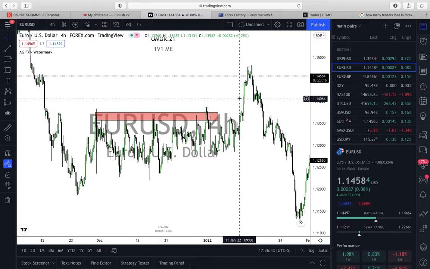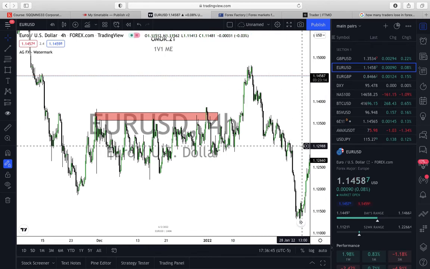For example, you can't buy at 1.13 on the Euro USD if there's no one selling at that same price. Think about it. You go to a market, you want to buy apples, but no one's selling apples. Can you buy that apple? Nope. Same thing if you're trying to sell apples, but no one wants to buy the apples. Can you sell your apple? Nope. This is where liquidity comes into play.